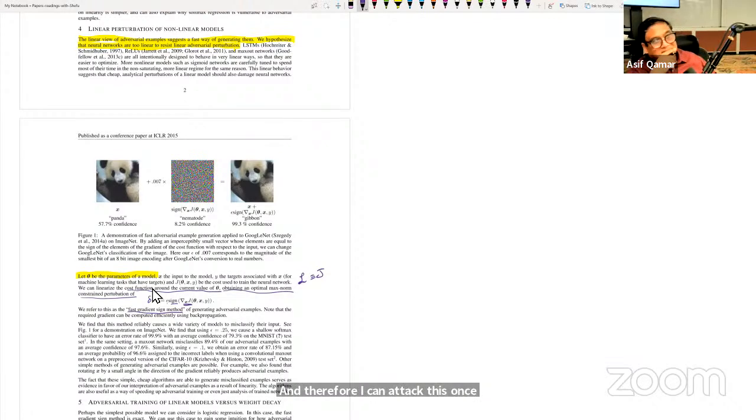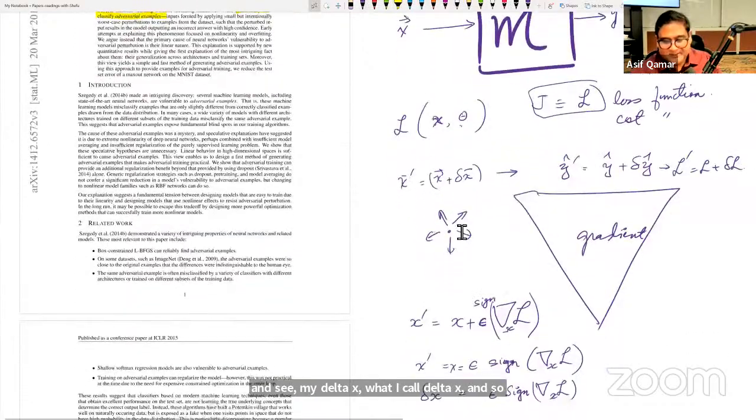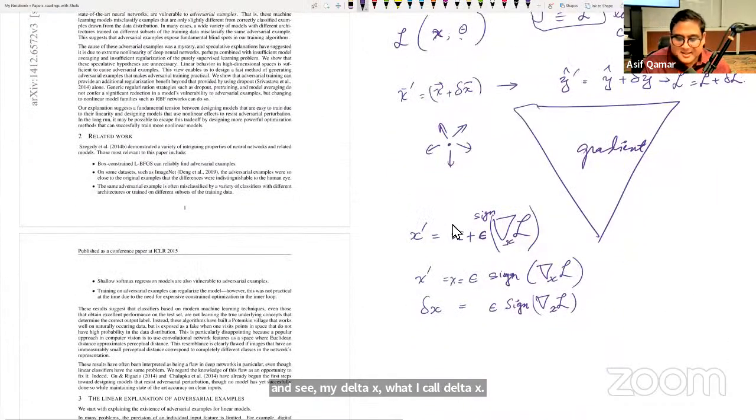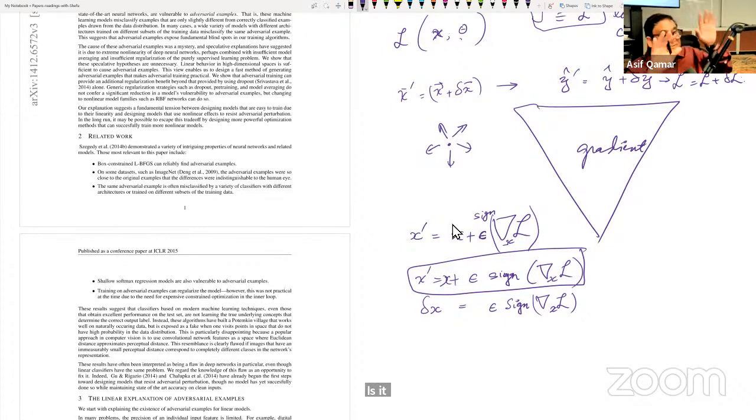So your input then would be the merging of the two. What I call delta x, and so your new input will be x prime, which is x plus this. Basically what we are saying is, you take the previous picture, the picture of the panda, and add this.